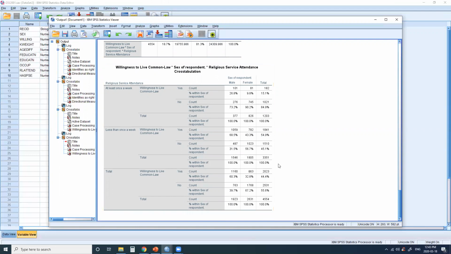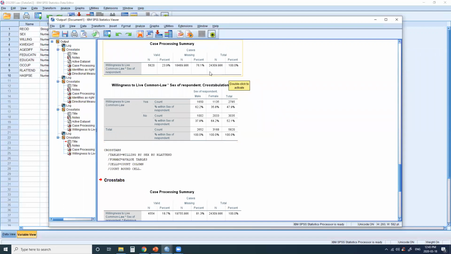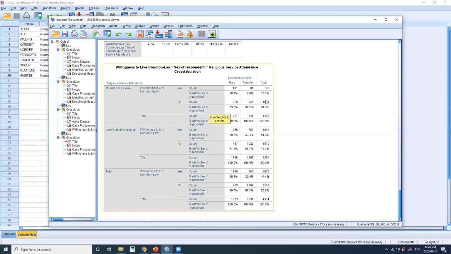But let's look at the gaps, right? And so the gap between the sexes in terms of willingness to live common law amongst the religiously observant, right? 26.8 minus 9.8, right? So that's 17 points, right? So remember, the gap in the population as a whole is 26.4 points. But here, it's only 17 points amongst those who attend religious services at least once a week.